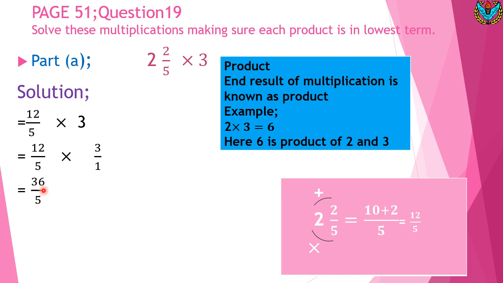Now look at this 36 by 5. This fraction is an improper fraction and we can change an improper fraction into a mixed number using division. 5 times 7 is 35. 36 minus 35, we get 1. Our required answer is 7 whole 1 by 5, and this 7 whole 1 by 5 is the product of 2 whole 2 by 5 and 3.